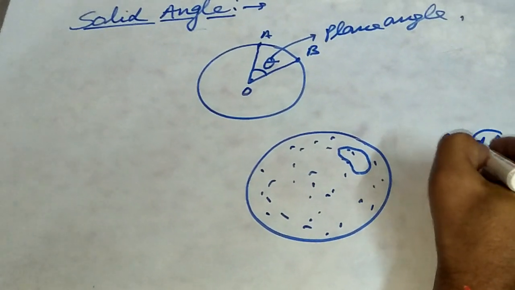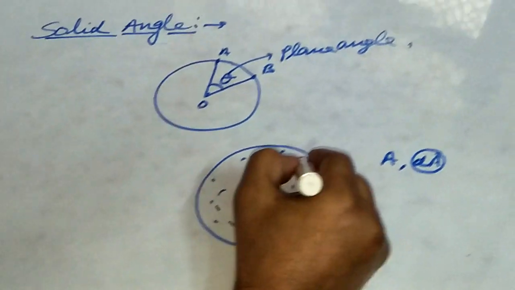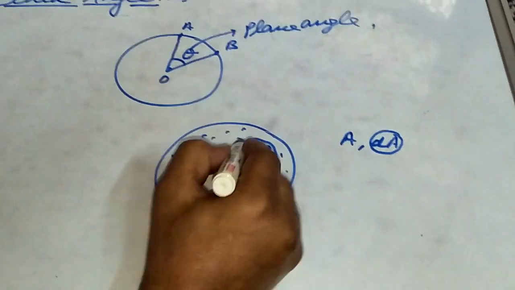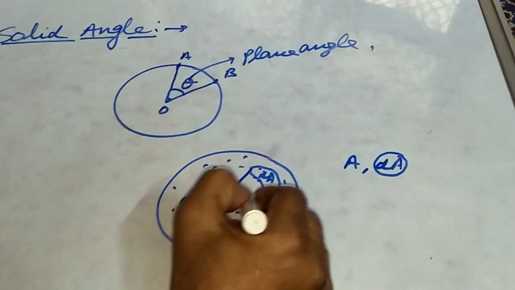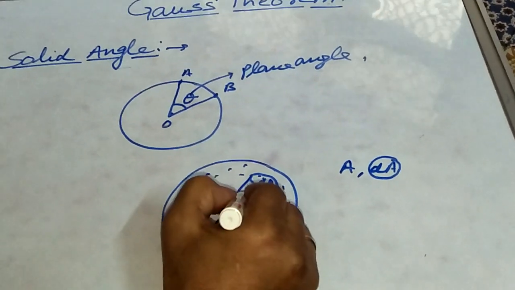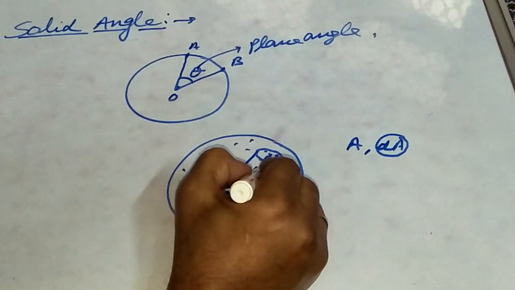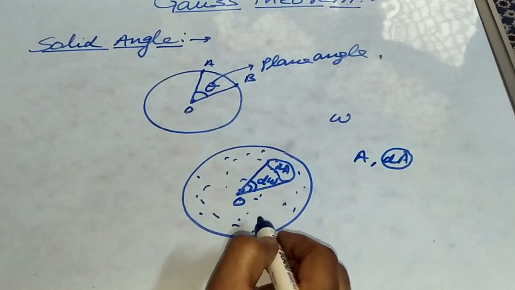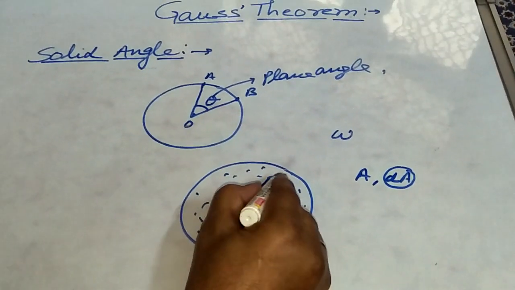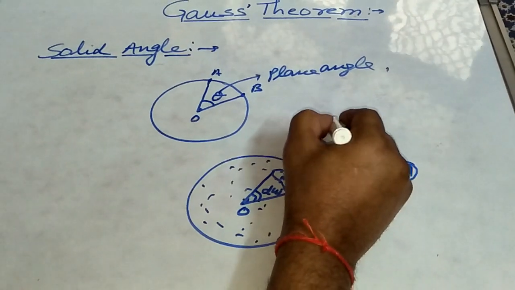This is a small area element, and now the angle subtended by this small area at its center is what? Solid angle. The total solid angle is denoted by omega, and the solid angle due to a small area is denoted by d omega.